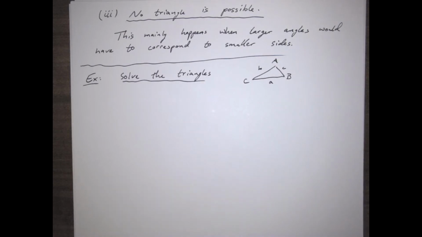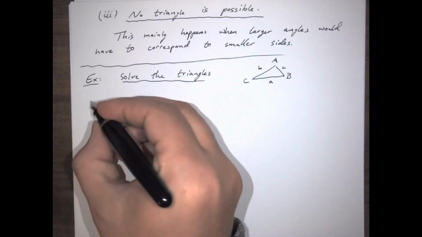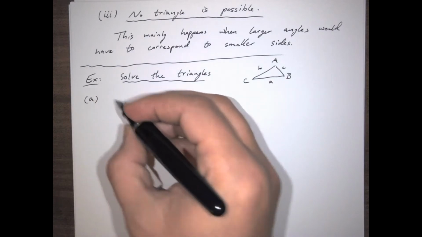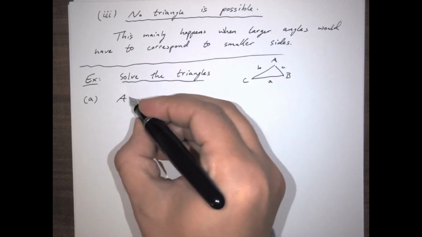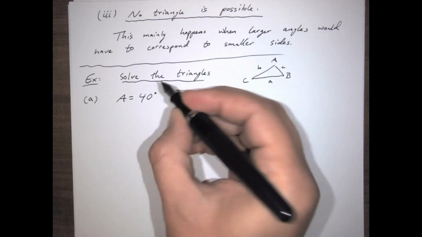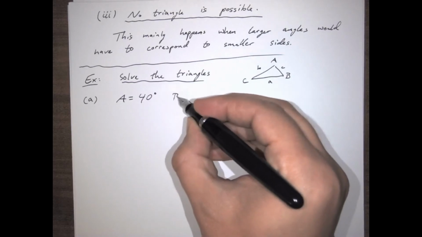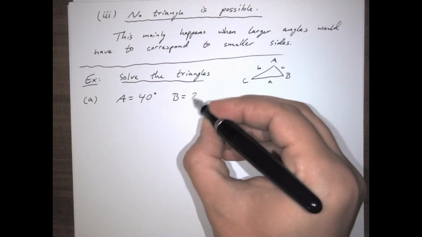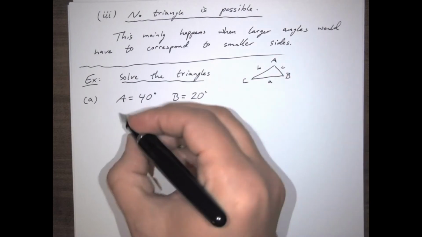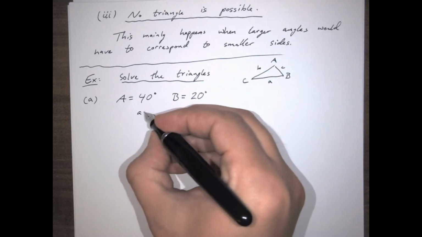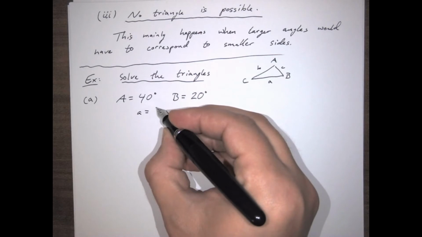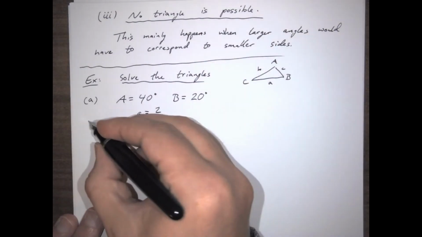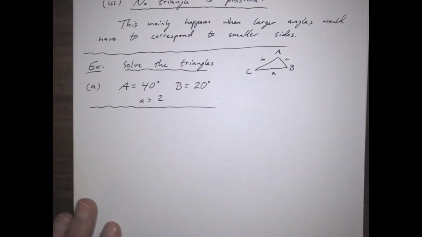They're just a schematic diagram. Let's say capital A is 40 degrees, capital B is 20 degrees, and little a is 2. Okay, so let's see what we can figure out.